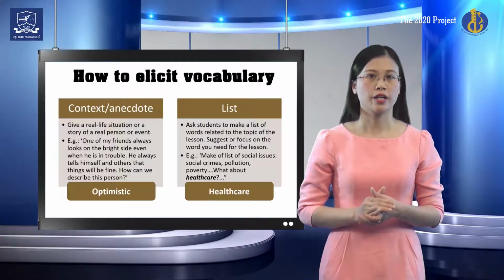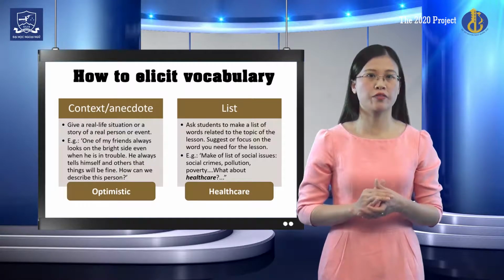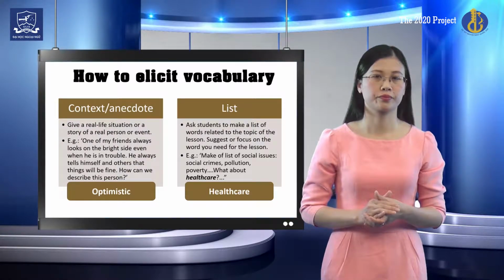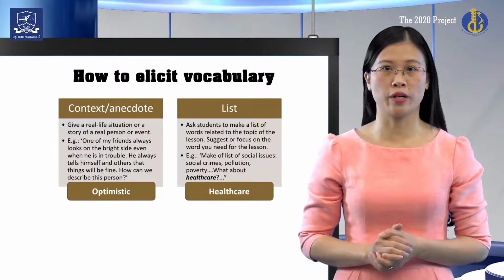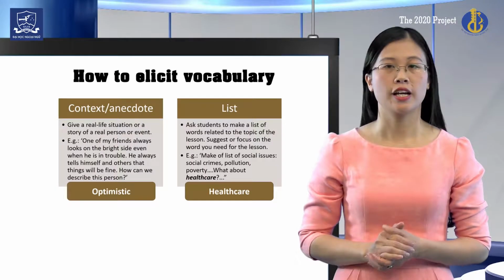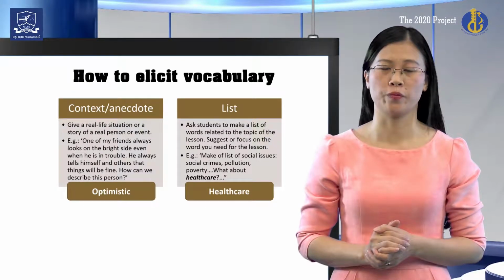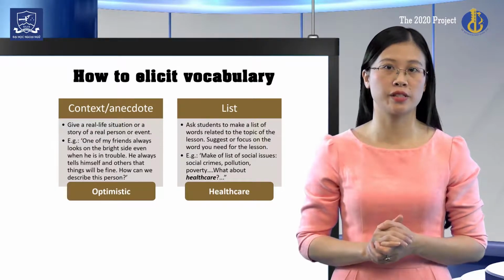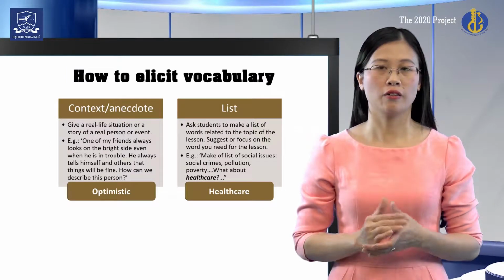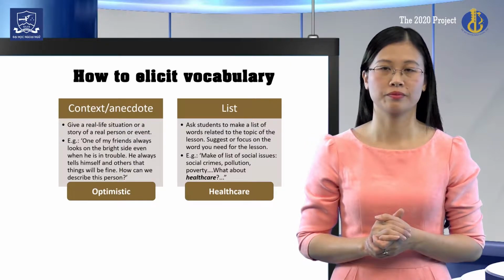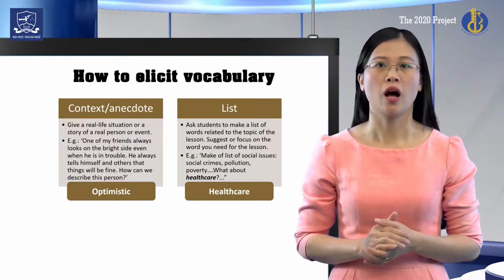This technique is useful for more abstract items. For example, you say, one of my friends always looks on the bright side, even when he is in trouble. He always tells himself and others that things will be fine. How can we describe this person? The students may say, optimistic.